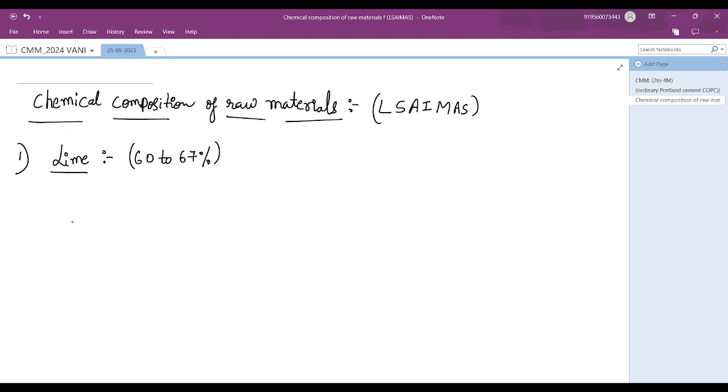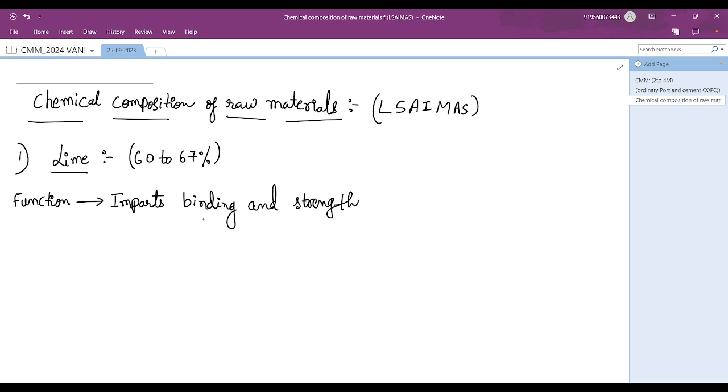The purpose of this lime in the cement is that it imparts binding and strength.